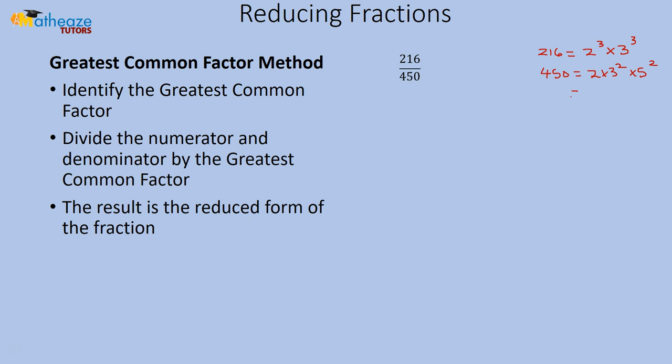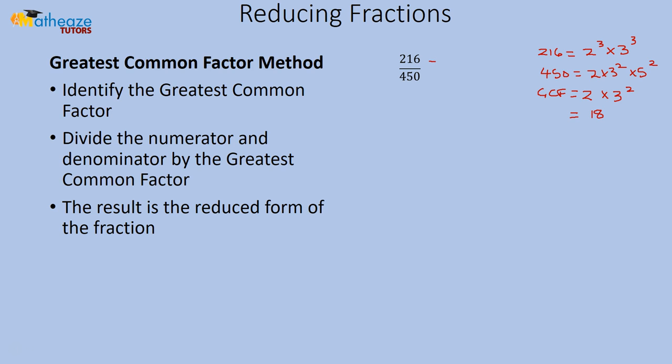So the greatest common factor, we're going to use 2 times 3 squared. This is going to give us 18.